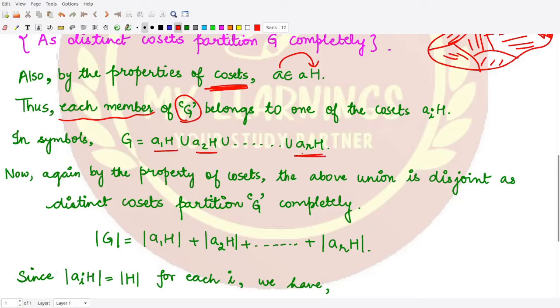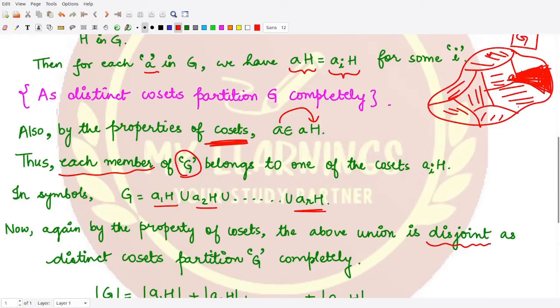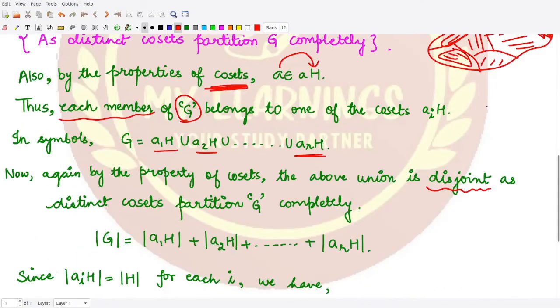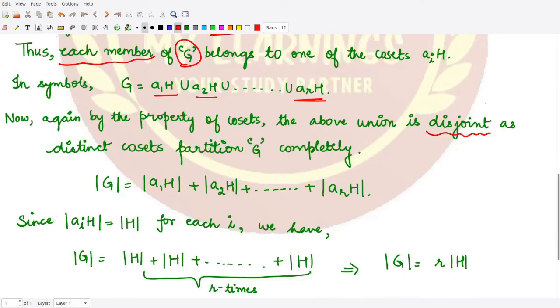Again, using the properties of cosets, the above union is disjoint in nature, because distinct cosets partition G completely; they have nothing in common. So when we combine their orders, they result in the order of the group G.